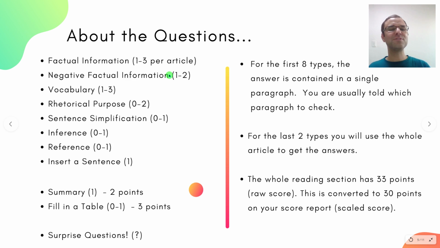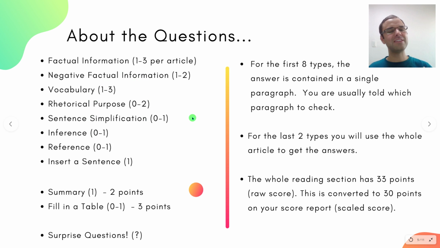Now, as far as getting 9 questions, well, if you have a summary question at the end, that means you're going to get 9 of these single point questions. If, on the other hand, you have a fill in the table question at the end, you're going to get 8 of these single point questions.